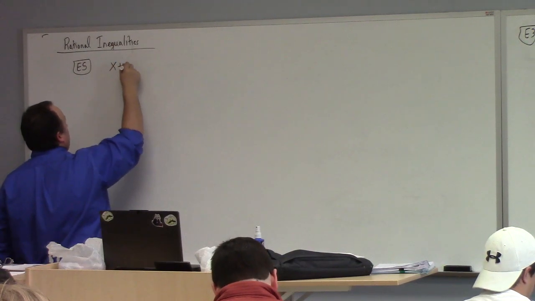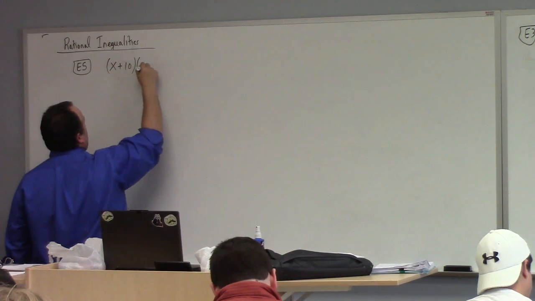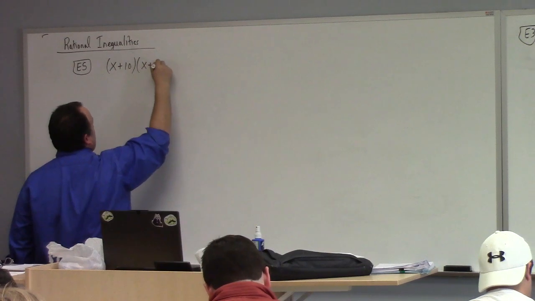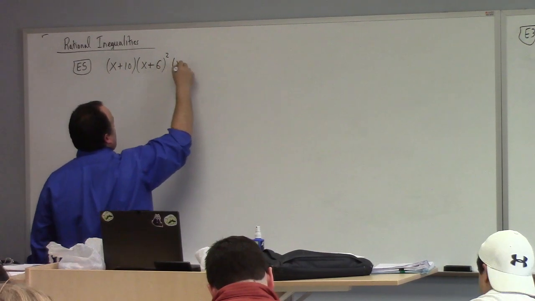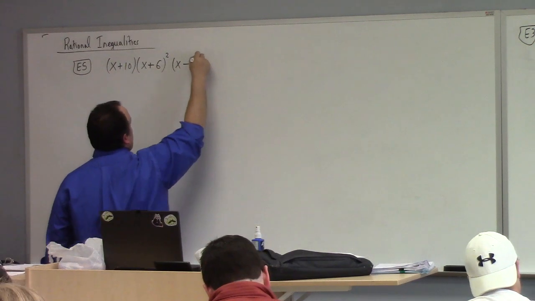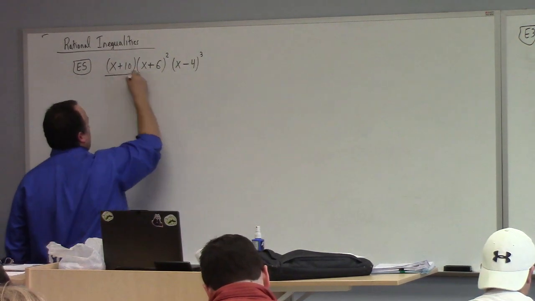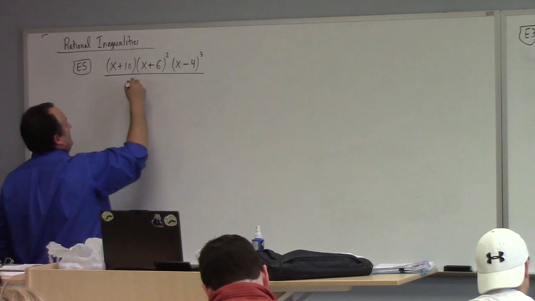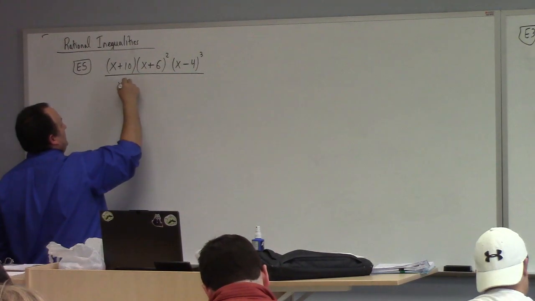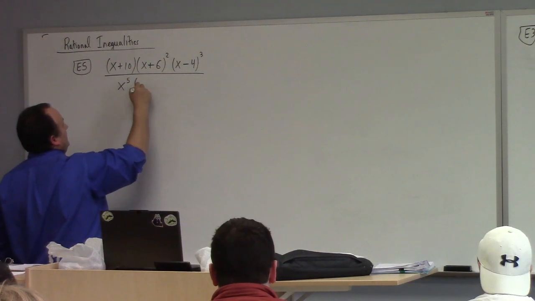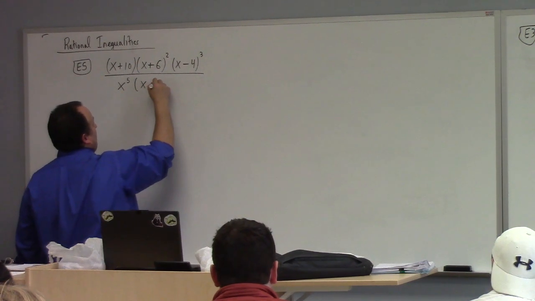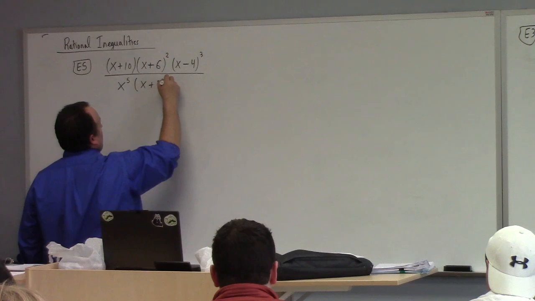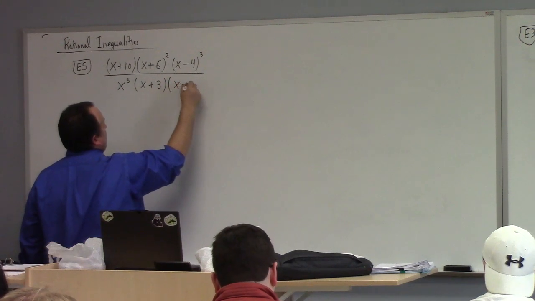x plus 10 times x plus 6 quantity squared times x minus 4 cubed, divided by x to the fifth times x plus, let's say, 3, and then times x minus 7.